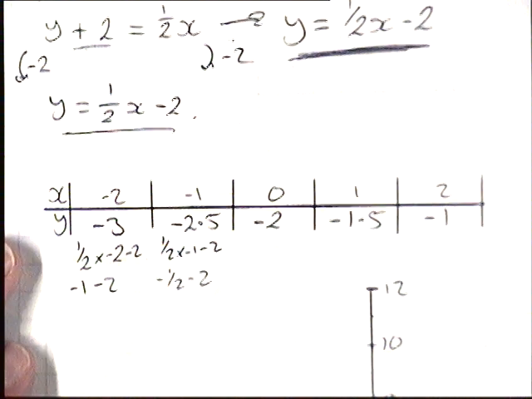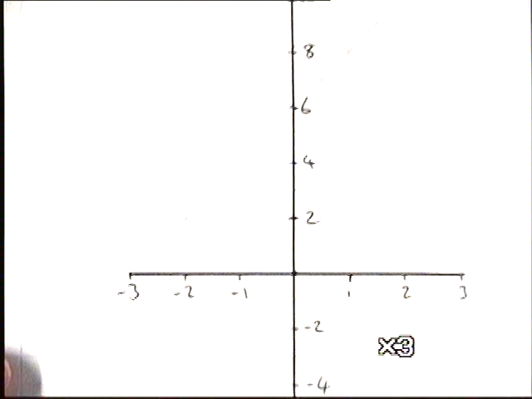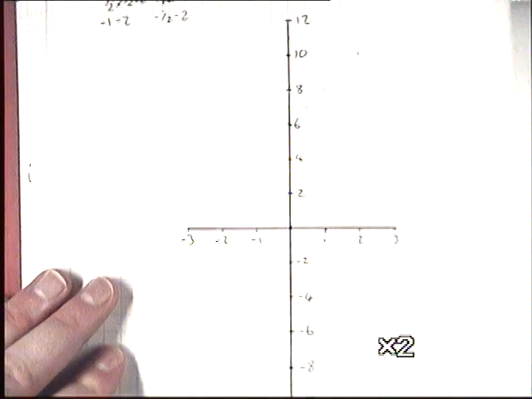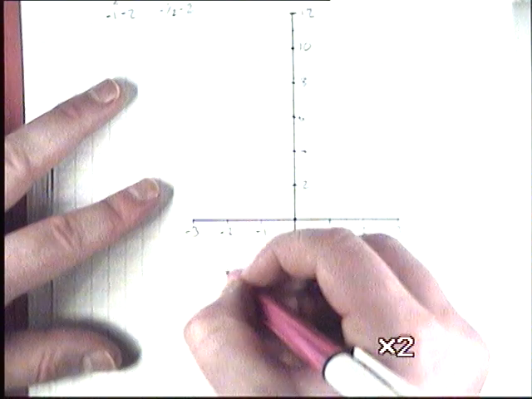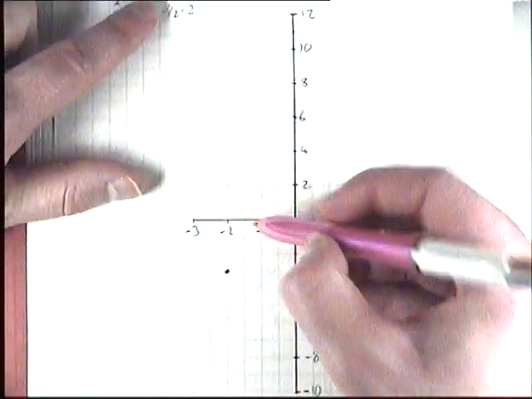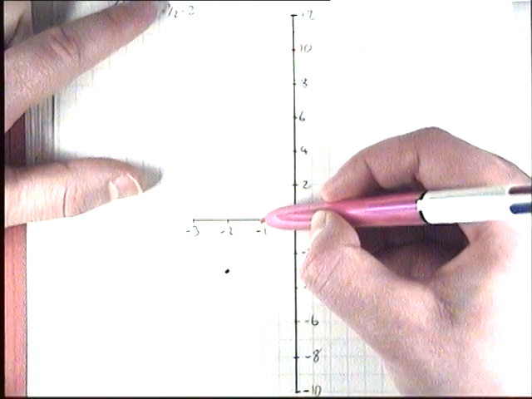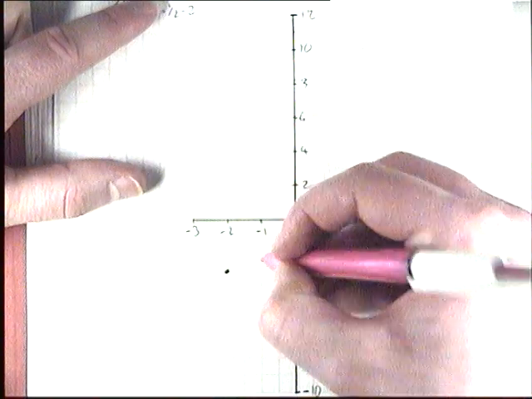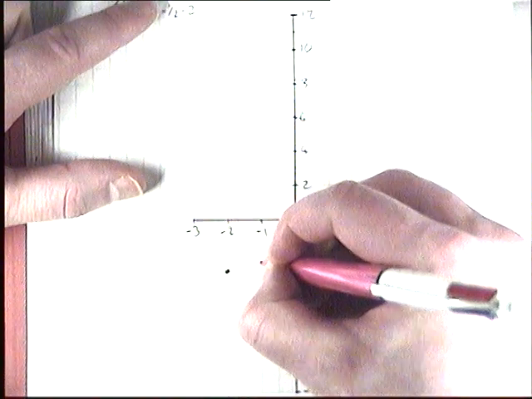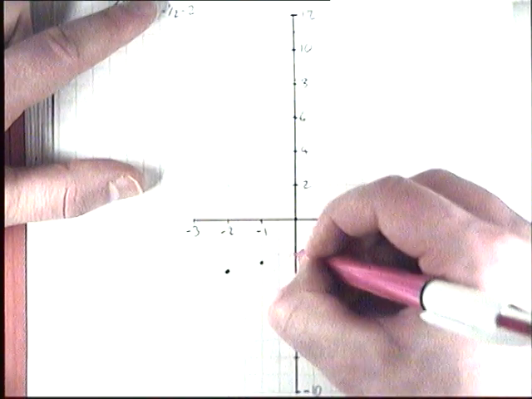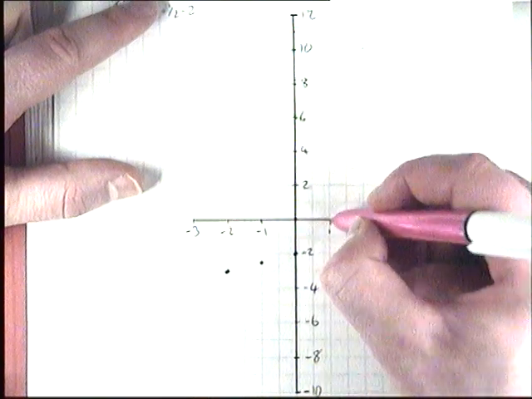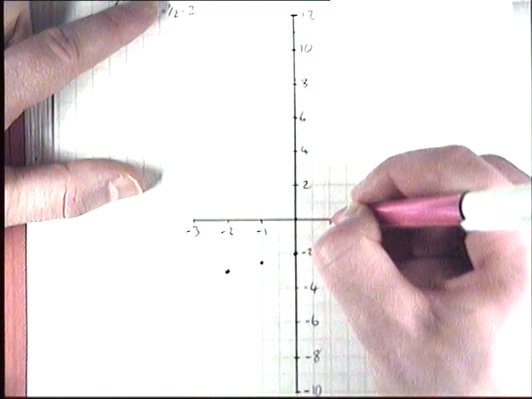We can then plot those on our axes. So -2, -3. -1, -2.5. 0, -2. 1, -1.5.